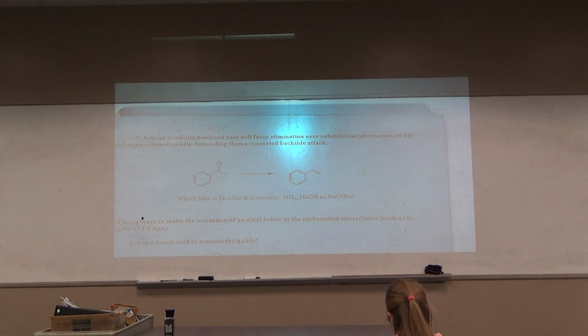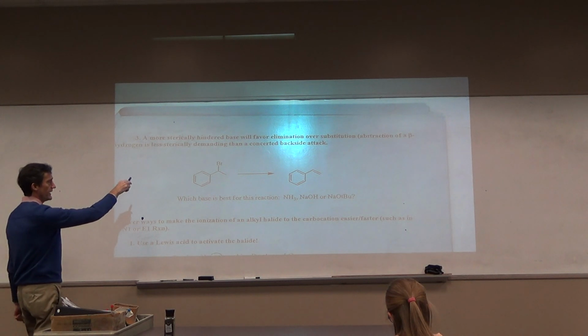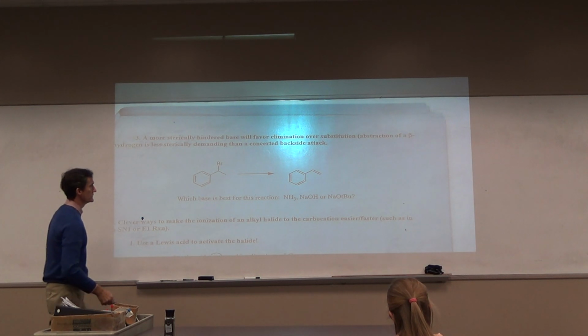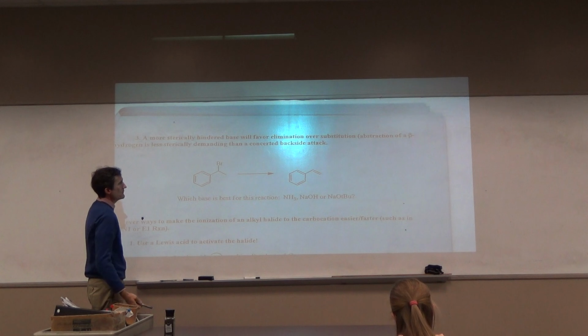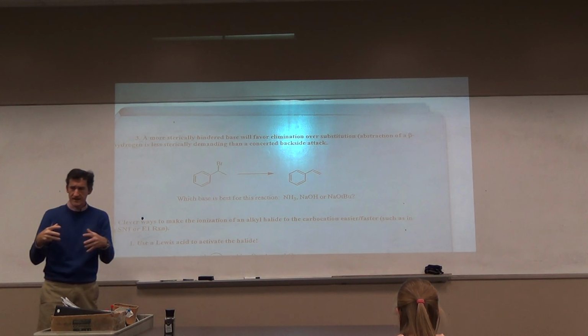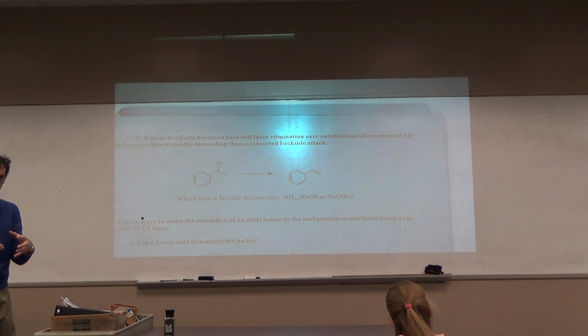Well, here's a third thing to consider. A more sterically hindered base will favor elimination over substitution. Okay? Well, we've already kind of said that. The more sterically hindered your nucleophile or base is, that's going to hurt SN2.